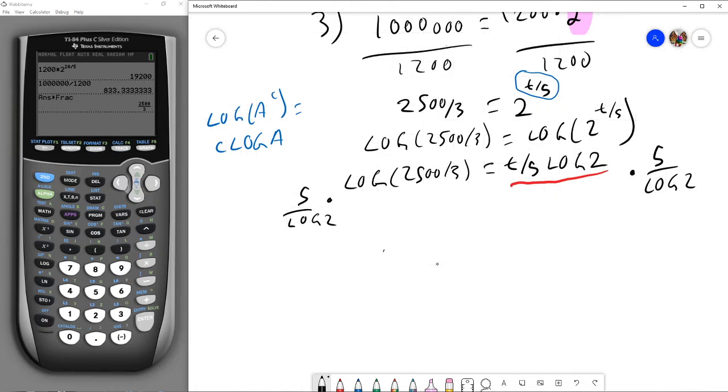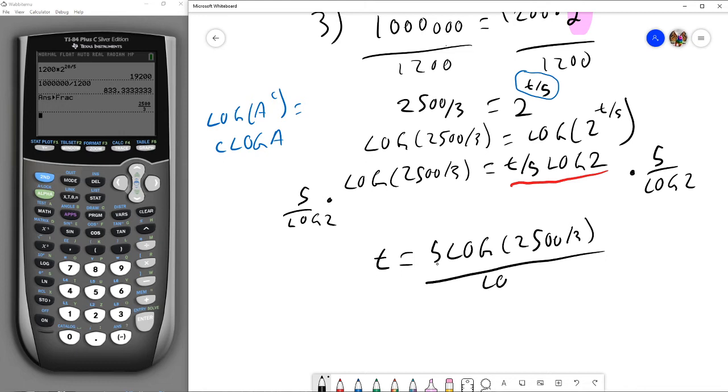And that will give me t is equal to 5 times log of 2500 thirds over log of 2. Let's see what this value is.